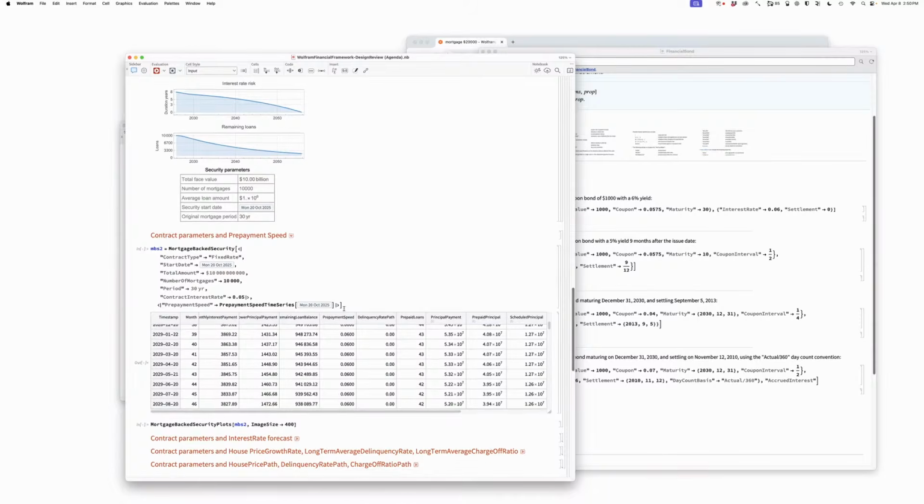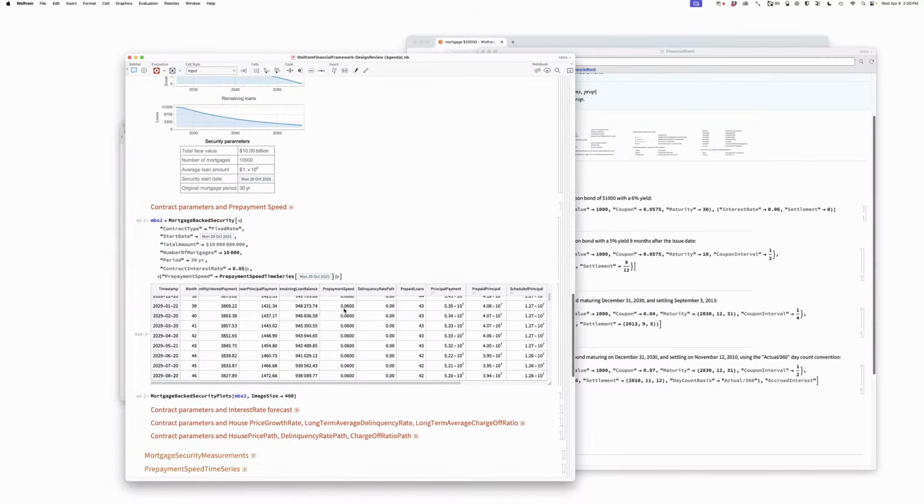So prepayment speed is a conventional model used in industry, assuming that people are going to start prepaying their mortgages. There's no way it's going to be a function called prepayment speed time series. Okay, what is that? So how much people will prepay any given mortgage in the pool has a time series character, which can depend upon other things.